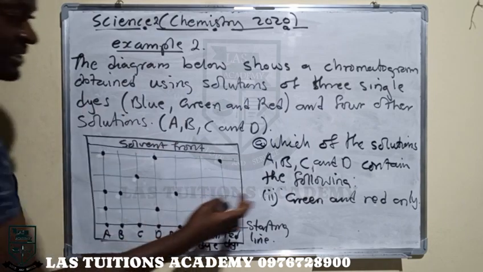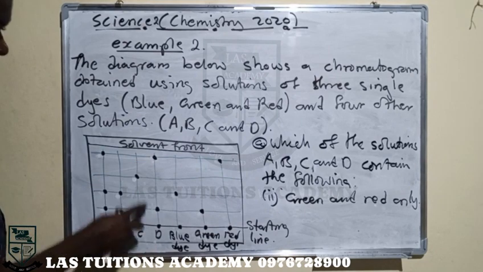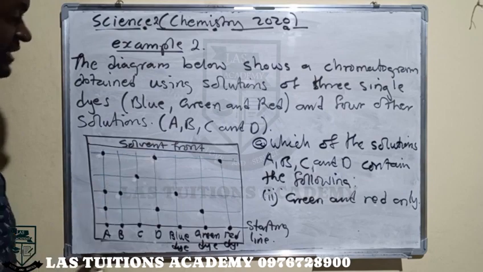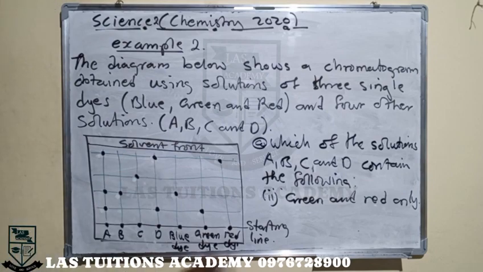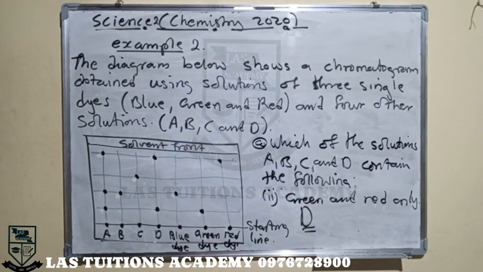So the question simply says green and red only. So green and red only is D. So thank you so much for that answer. This is very much correct. So D is the solution that has green and red. Okay.